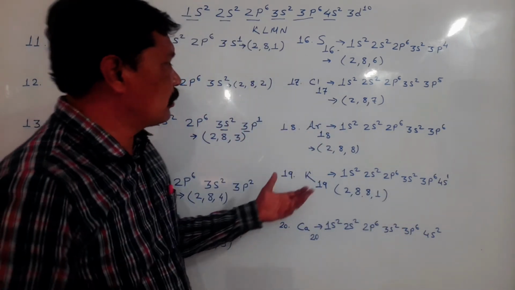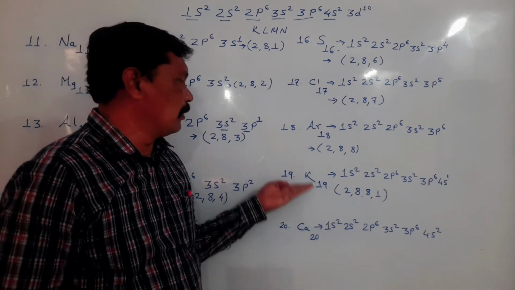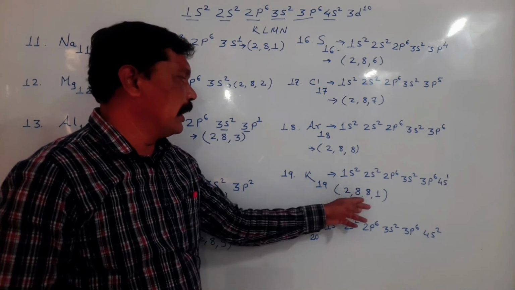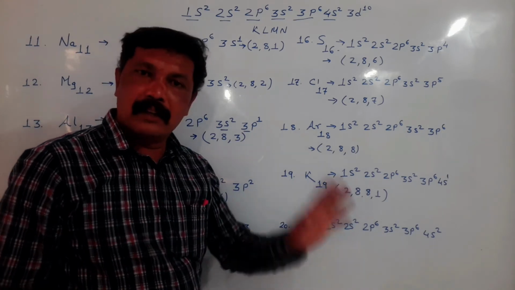So the electronic configuration of the element number 19, that is potassium, is 2, 8, 8, 1. It is not 2, 8, 9.